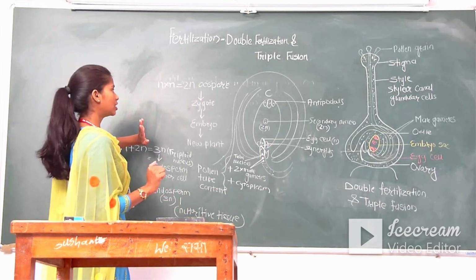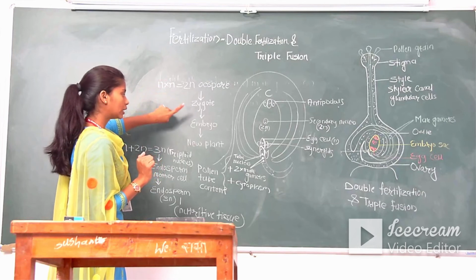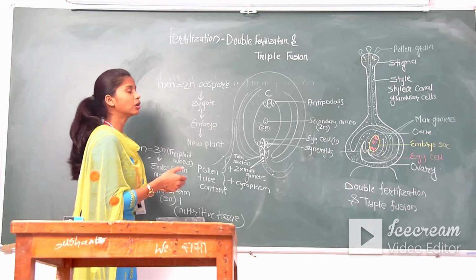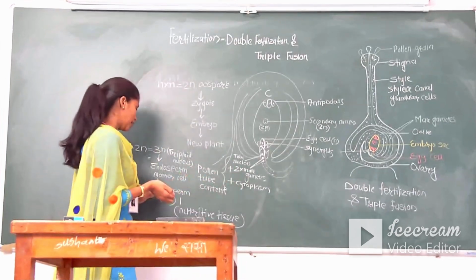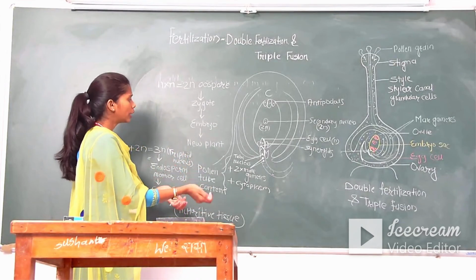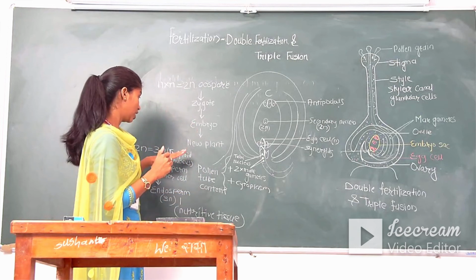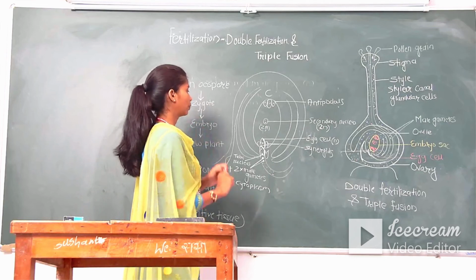In double fertilization and triple fusion, the zygote or embryo and the endosperm grow and develop simultaneously, and the endosperm provides nourishment and nutrients to the developing embryo. So endosperm is necessary for the development of the embryo.